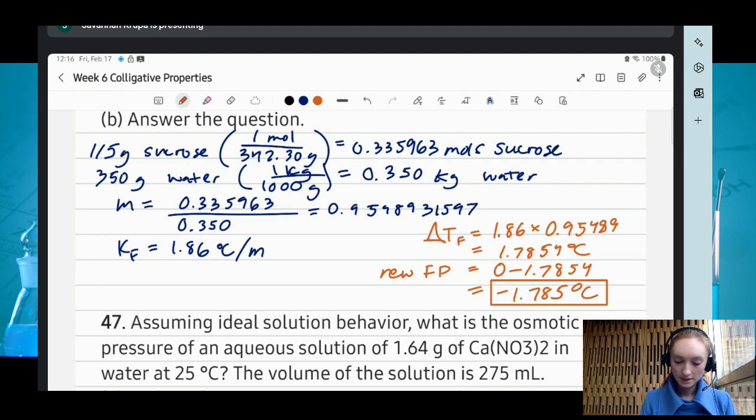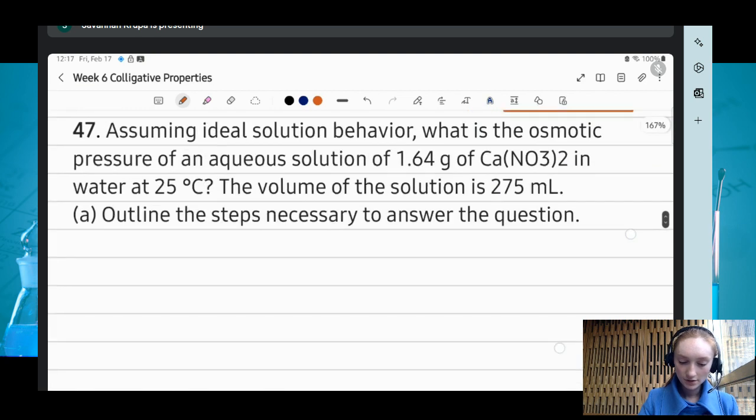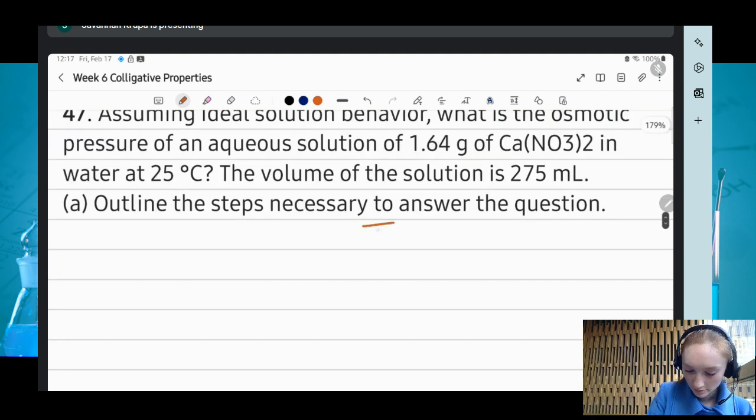So just as we did in the last 2 problems, let's write down what we need to do. So first of all, it's asking for the osmotic pressure. So we have an equation for that. And the equation for finding the osmotic pressure is going to be this fun symbol. It kind of looks like pi, but to me it looks like pi but with feet.